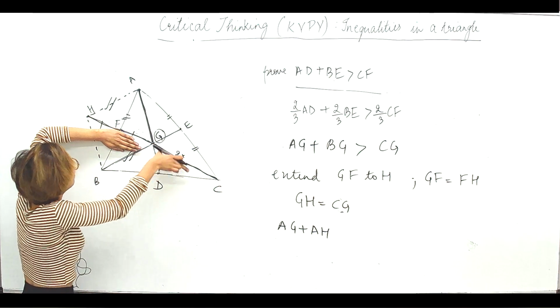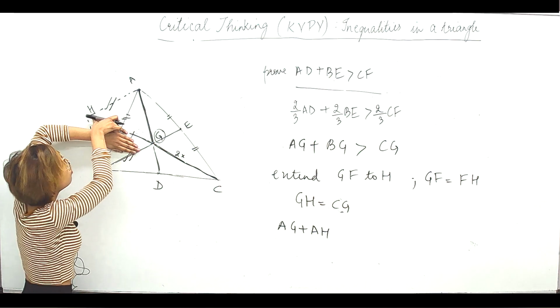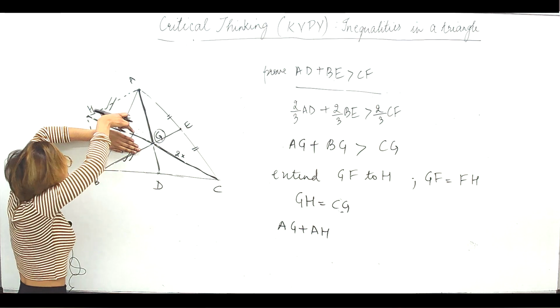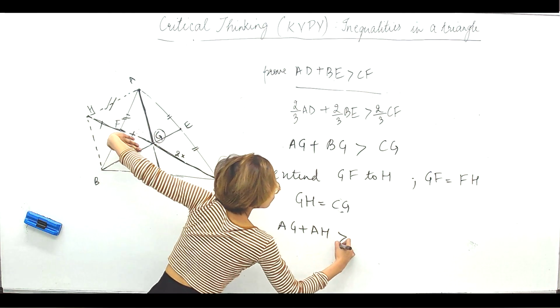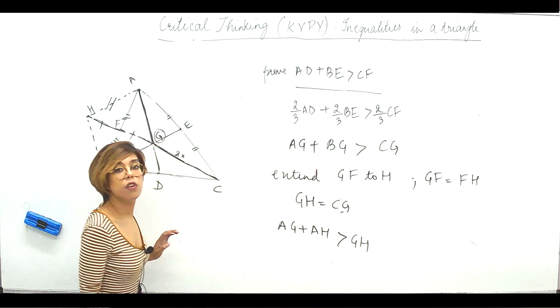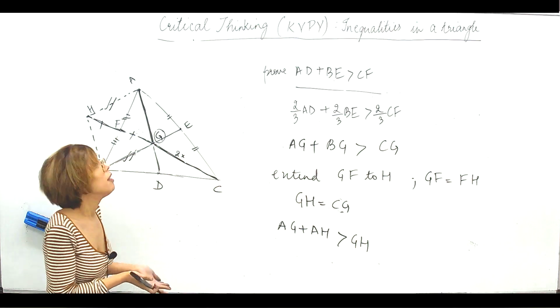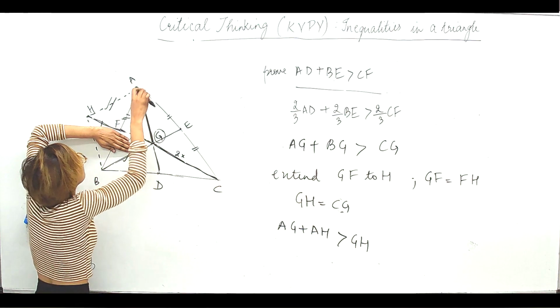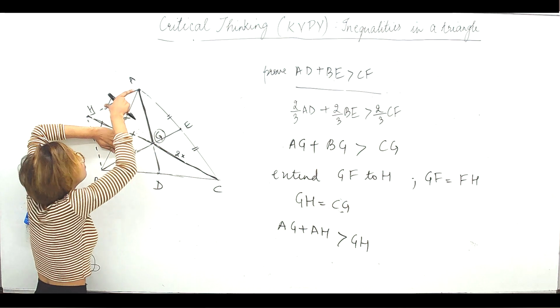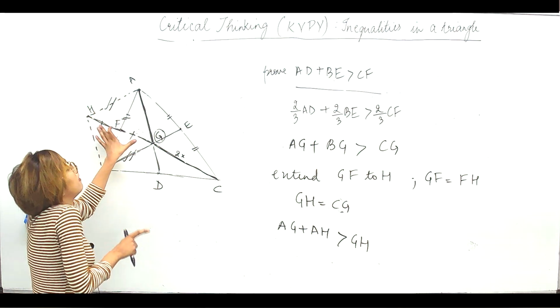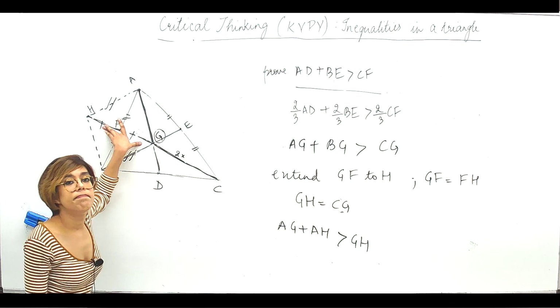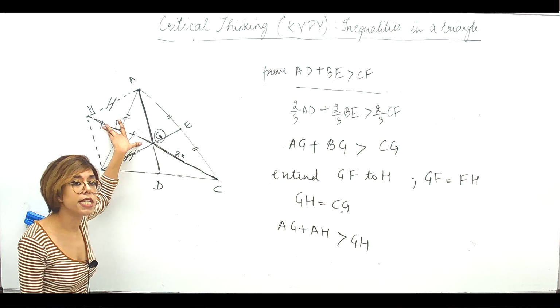What is CG equal to? HG. So I'll prove that AG plus AH is greater than GH, which is trivially true. Why? Consider triangle AGH. The sum of two sides is obviously greater than the third one. Triangle inequality.